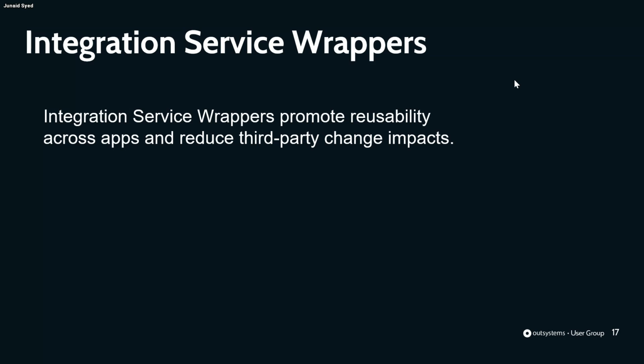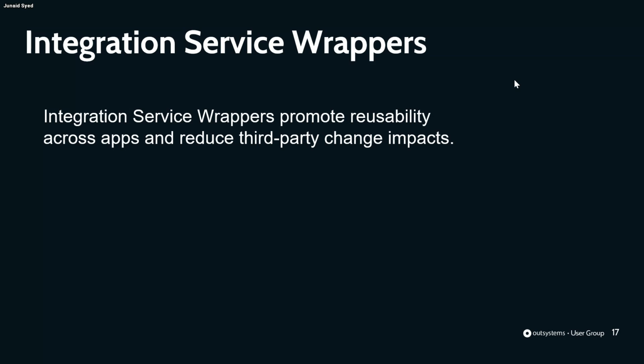The third-party system is not in our control, right? They have their own development team, their own business sponsors. They might change certain functionality, certain features, and as a result of those changes, some of the elements that we are consuming from those third-party applications or systems might change or get impacted.